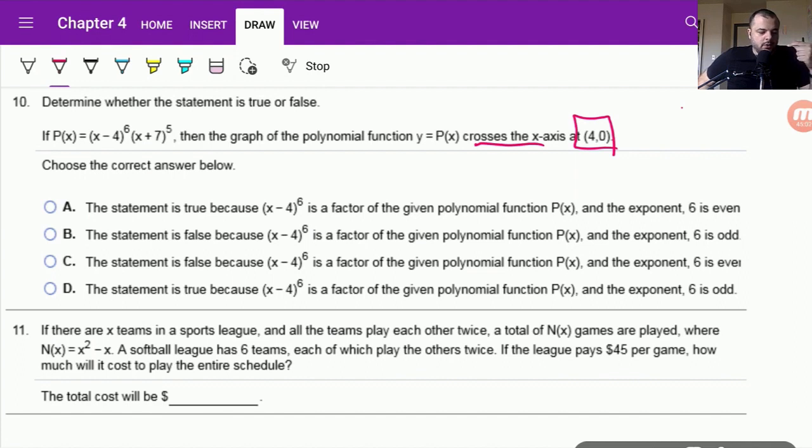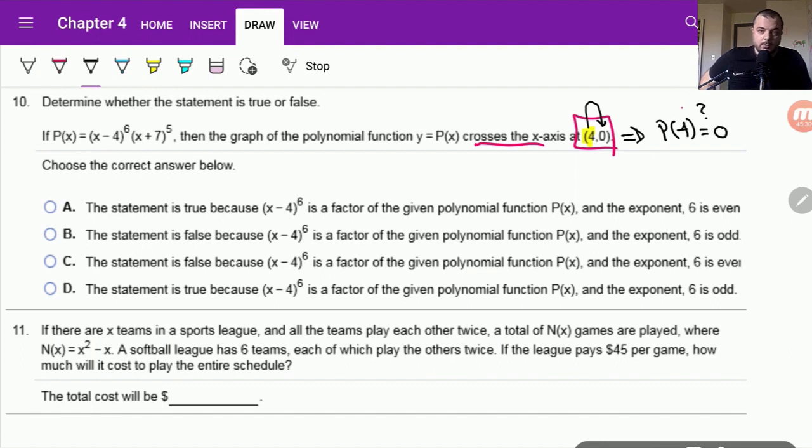In other words, is the number 4 a 0 of the function? Because 4 gives you 0. When x is 4, then y is 0, or p of 4 is 0. So what does this point tell you? So p of 4, is it 0? This is the first question.